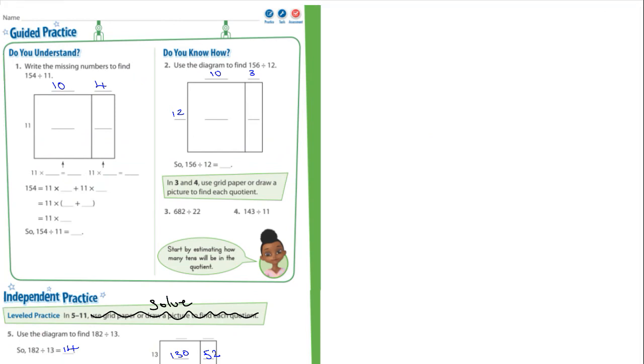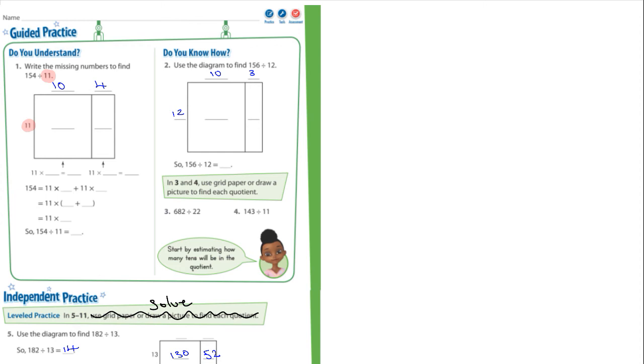I'm looking at the guided practice, and I'm looking at number 1 here. It says, write the missing numbers to find 154 divided by 11. Well, there's the 11 right there. That's accounted for. So let's do it this way.